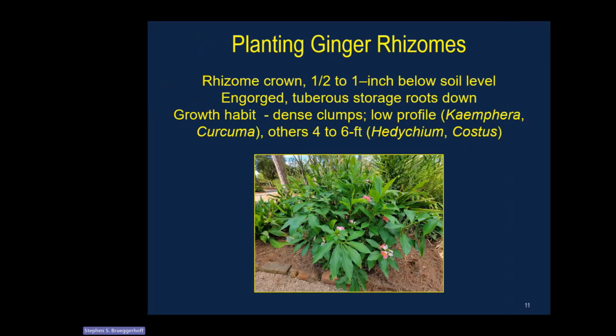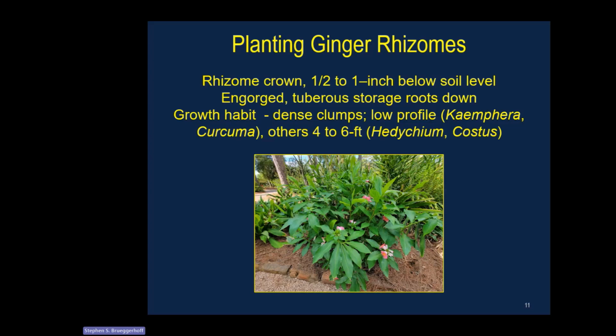Their growth habit: there are some plants that grow in dense clumps and have a low profile, like the genera Kaempferia or Curcuma. Others can grow 4 to 6 feet tall. So if you're considering putting these plants in the ground, keep that in mind. Plants like genera Hedychium, or the hardy gingers, get super tall.